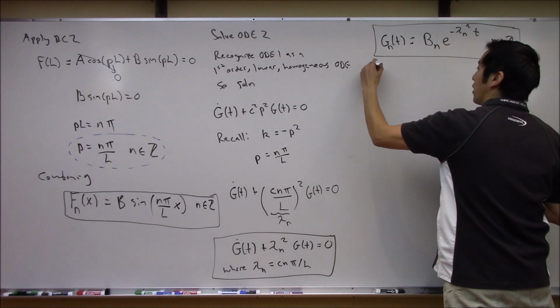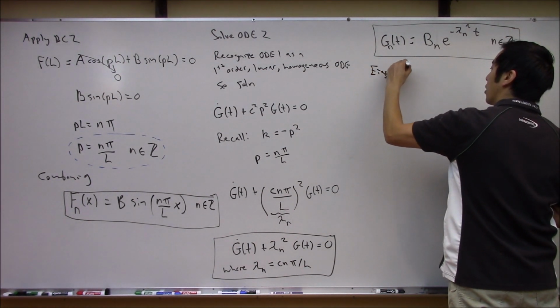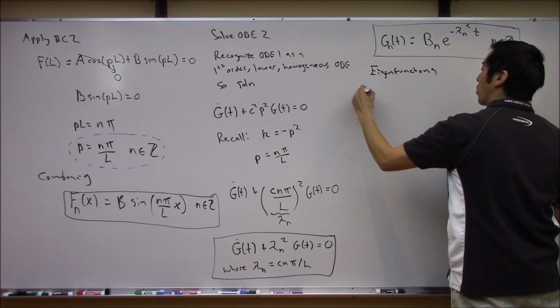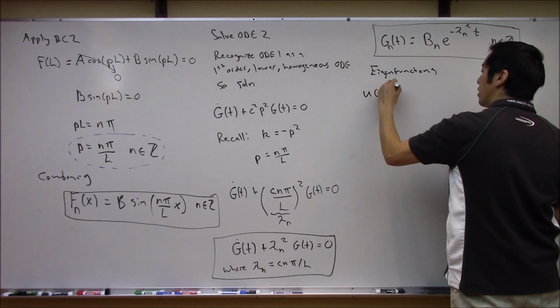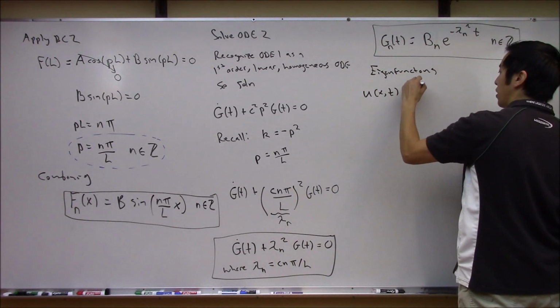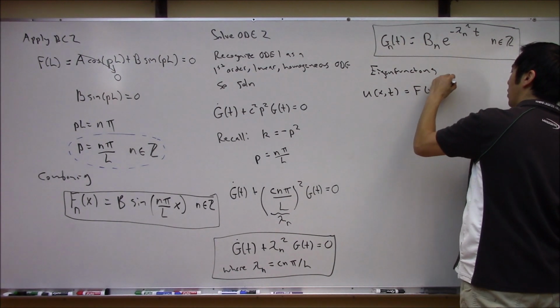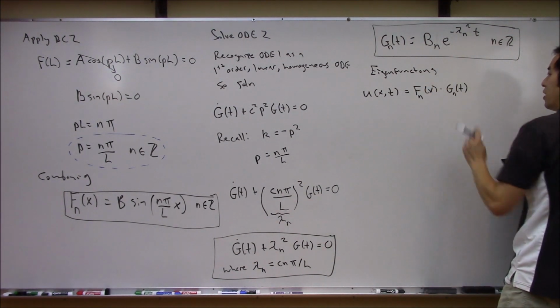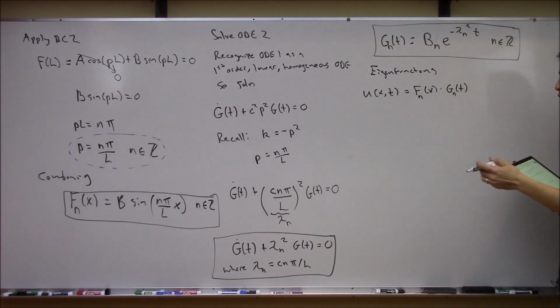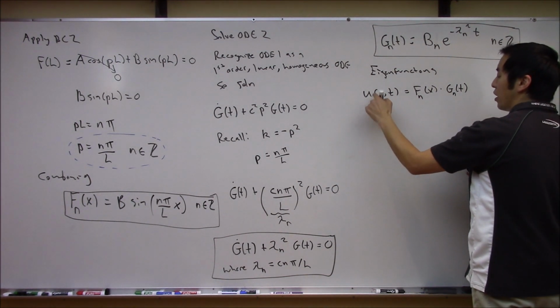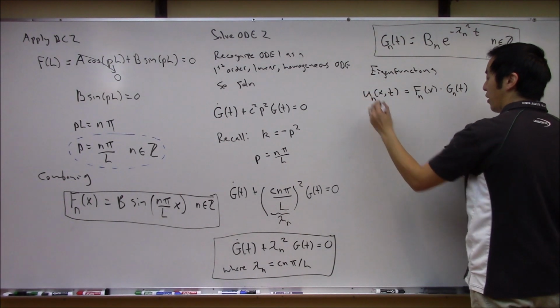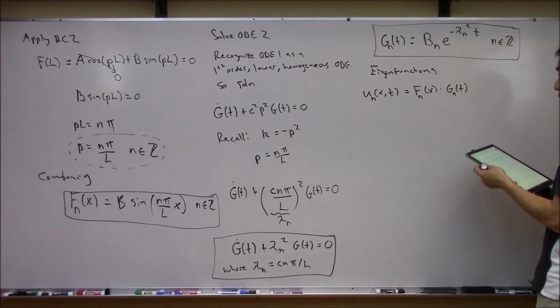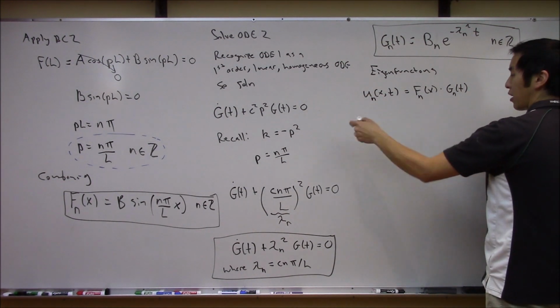Our eigenfunctions were basically u of x,t equal to the spatial one times the temporal one. We adopted the notation sub n, because each one had a different solution depending on n equals 1, 2, 3. So let's plug in our expressions here.